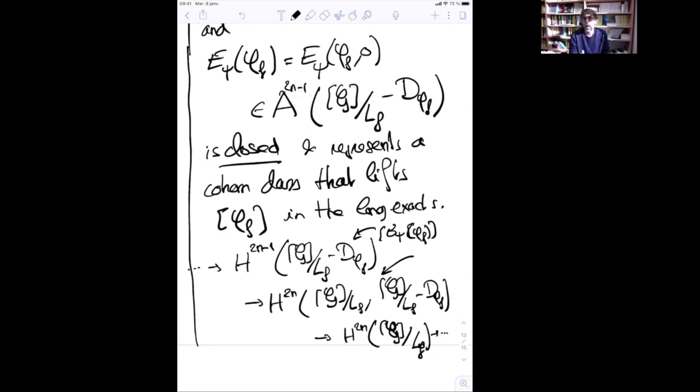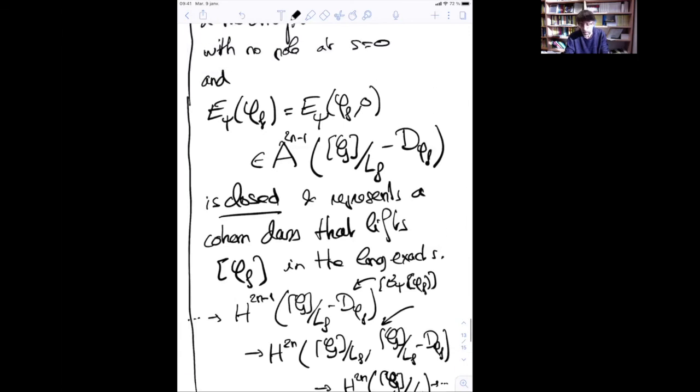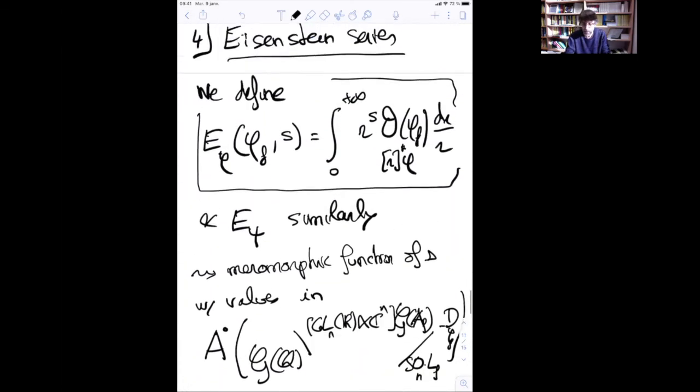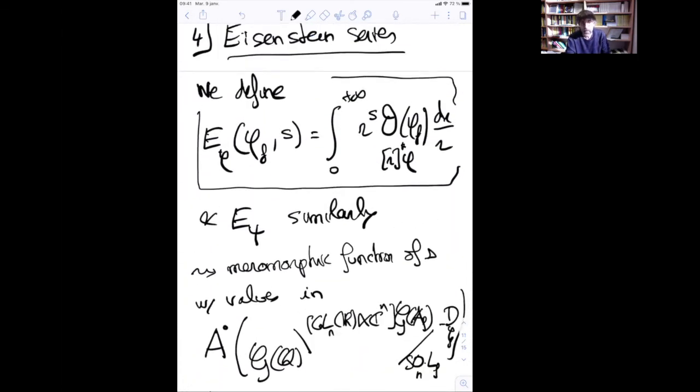So that gives our lift, and by construction, because you see here it's a Mellin transform. It comes from the integral from 0 to infinity from the multiplication by r in the fiber. So if you take s equals 0, you see that it's invariant by multiplication by an integer.